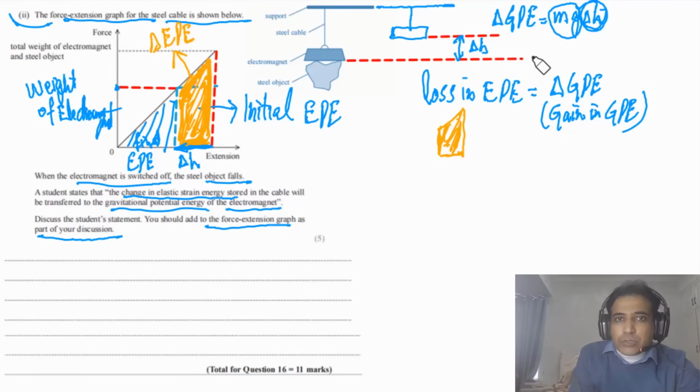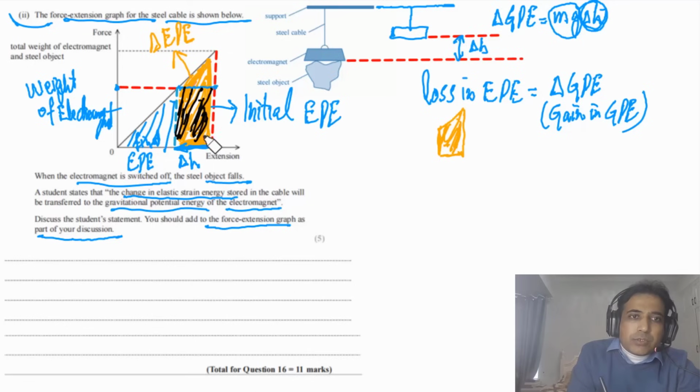So force is constant, and we have delta H, so this area, which we can mark in black color, is the change in GPE, meaning the gain in GPE is this area.